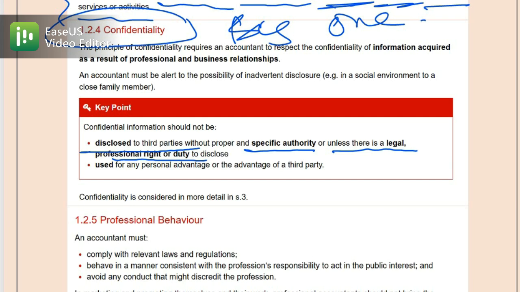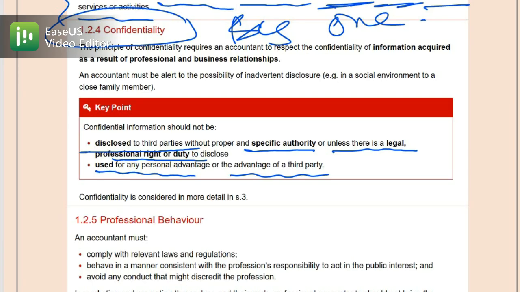The second point here is use for any personal advantage or the advantage of a third party. This means that confidential information must not be used for any personal advantage or for the advantage of a third party. Clear? The code especially warns accountants to be alert to the possibility of inadvertent disclosure.